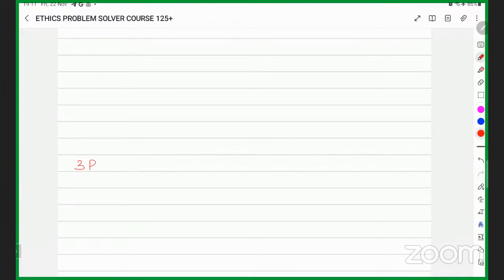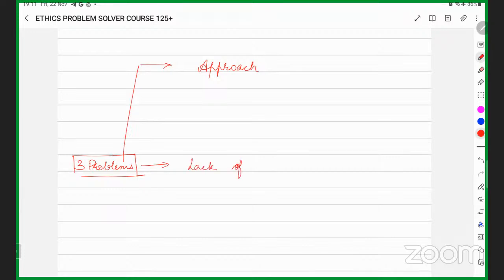So, what are those three problems? First one is the issue with regard to approach. There are certain lacunae in our approach, which I'll discuss in just a few moments. The second issue is lack of answer writing, and the third one is time management.